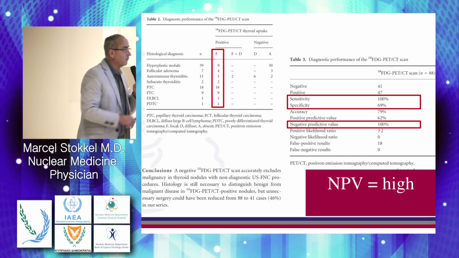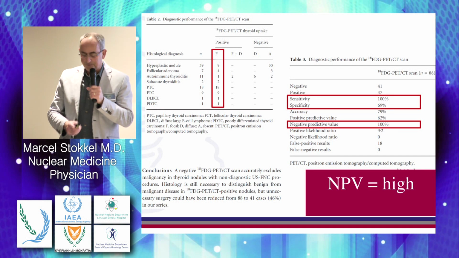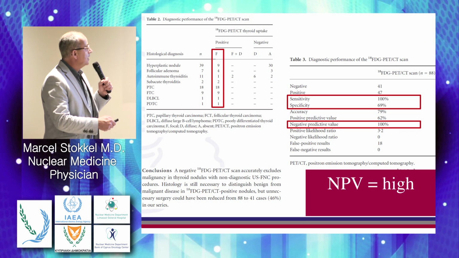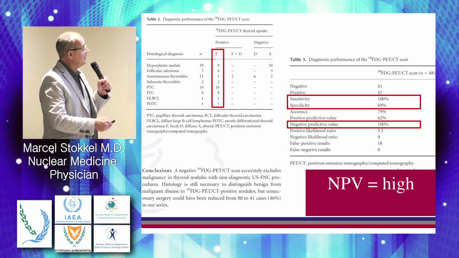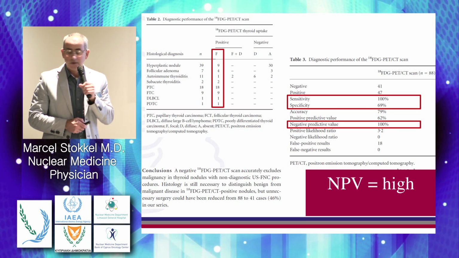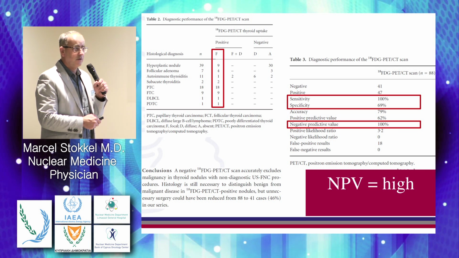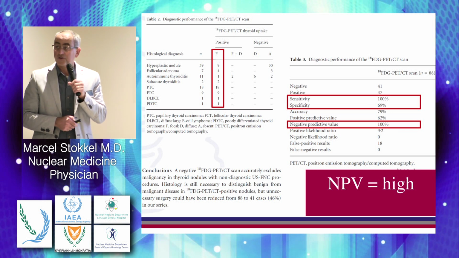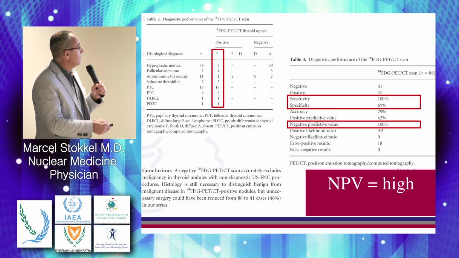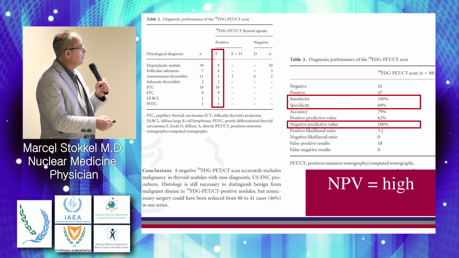Now, what do we learn from these papers? When you look at the results of this paper, you can see that when there is focal uptake observed in a known nodule, there is a huge variety of results found after surgery. Hyperplastic nodules, follicular adenoma, but also papillary thyroid cancer.